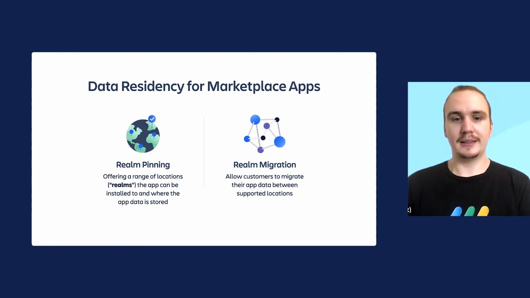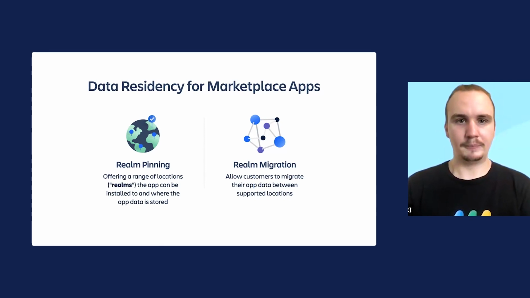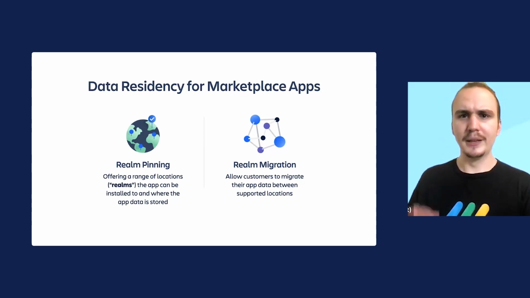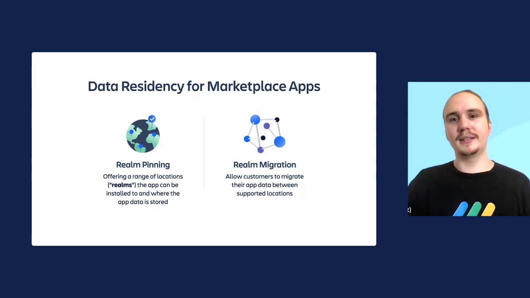If a site admin then moves the product data to another realm, the app data is not moved over automatically. And this is where realm migration comes into play. Once an app is installed, the app data can be moved if realm migration is implemented for this specific app.